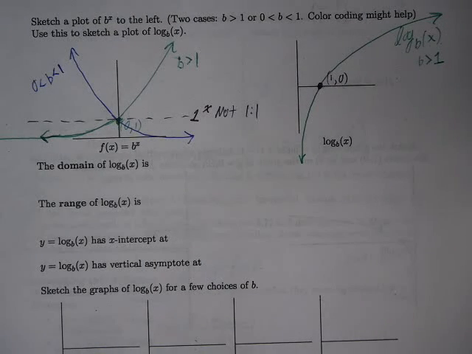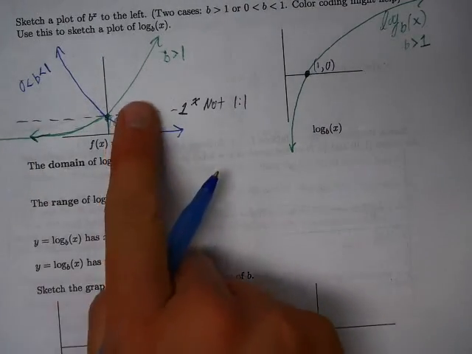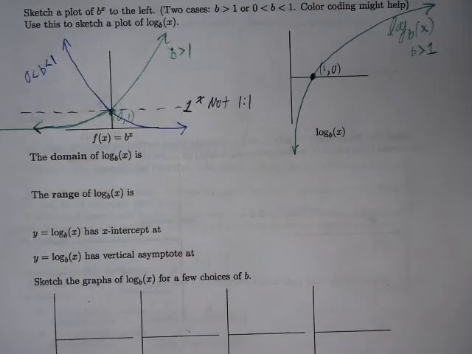If I want to graph the log base b of x when b is between 0 and 1, well, actually, let's look at this. To go from that green graph to the blue graph, what inversion has happened? It looks like I've just reflected over an axis. The y-axis, I guess. But inverse functions switch the job of x and y.